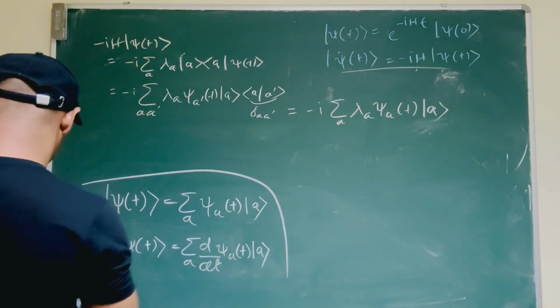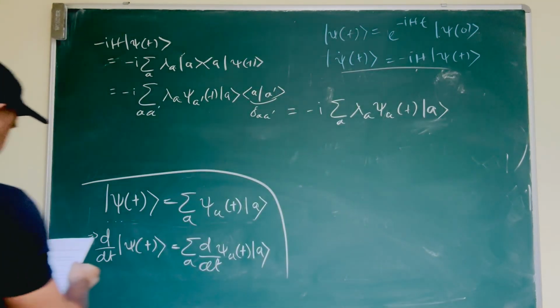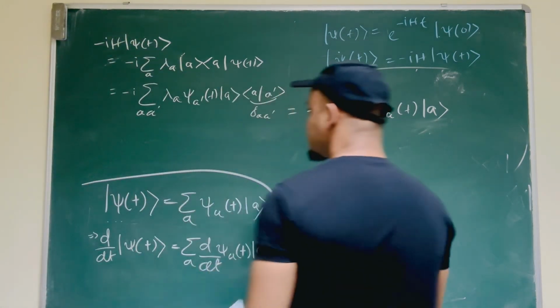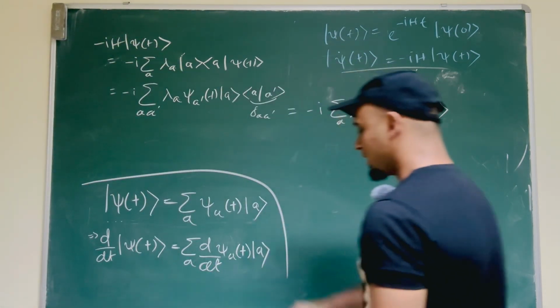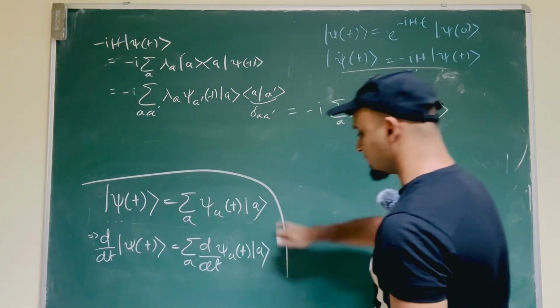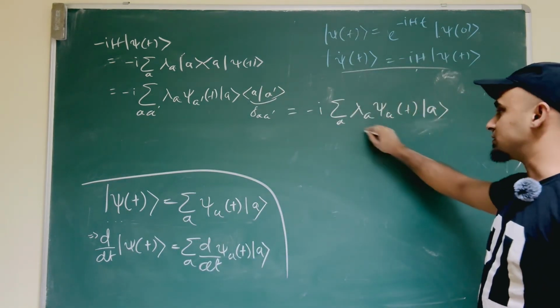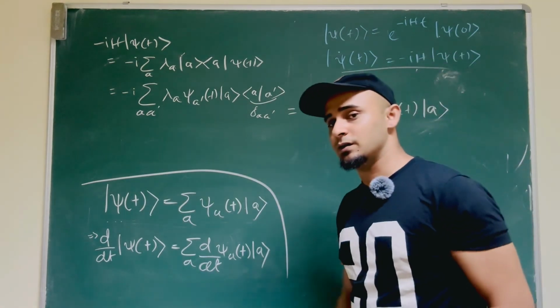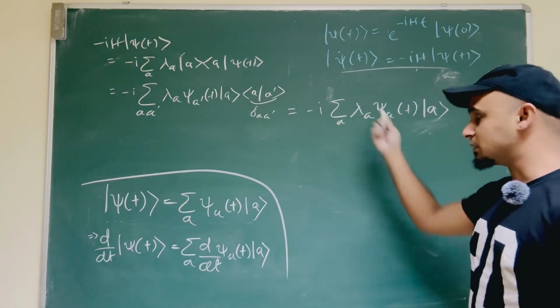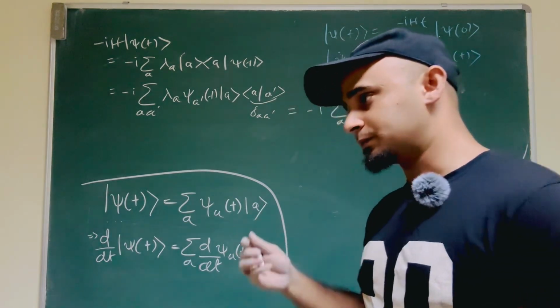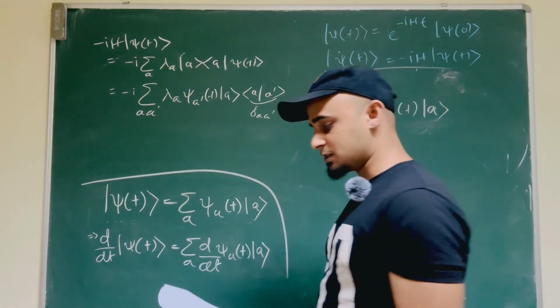For the Schrodinger equation to hold, we need the terms inside the summation over A on both sides to be equal. Since we have a summation over A here and a summation over A there, there should be an equality term by term.